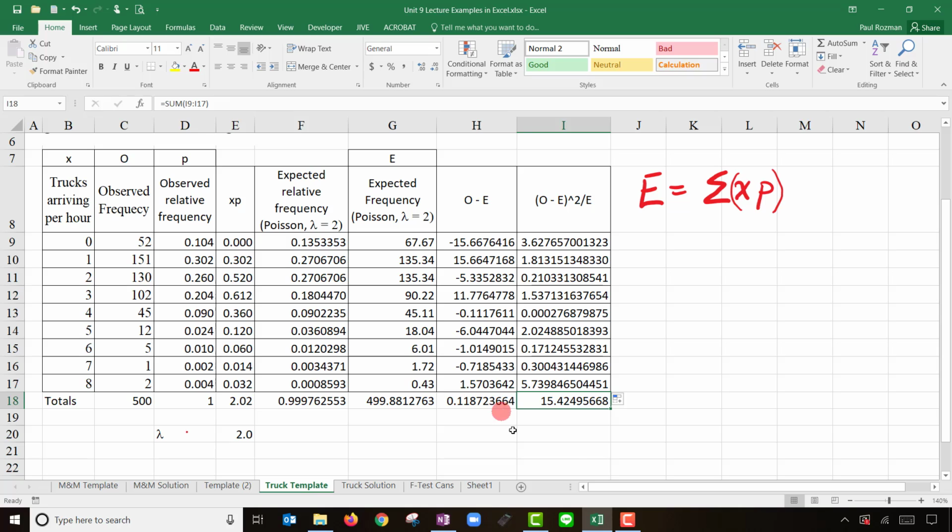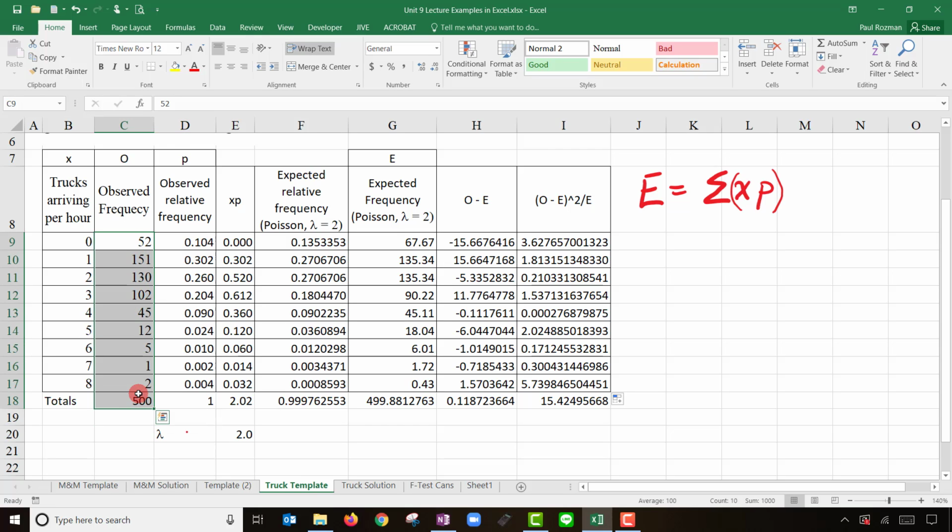Sadly, we've made a little bit of a mistake, but I wanted to make this mistake so that you won't make this mistake. Remember when we're doing a chi-squared test for goodness of fit, we had basically 2 conditions. We had random data, we picked 500 different times to collect these values.